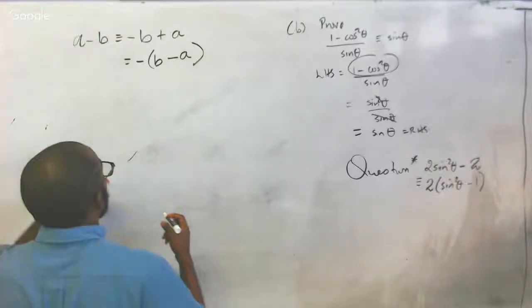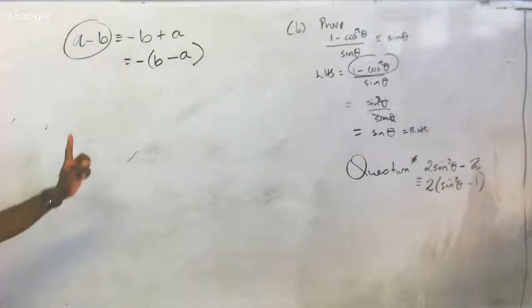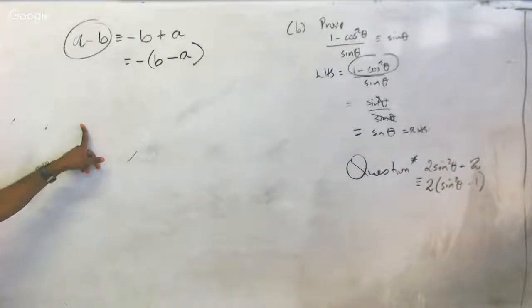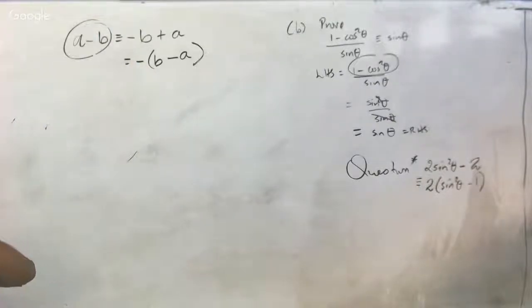So what I want you to remember now is that while addition can be flipped around, the negative can be flipped around too. To flip around the negative, you need to stick a negative in front of the overall difference. So a minus b is not equal to b minus a, but it's negative of b minus a, right?